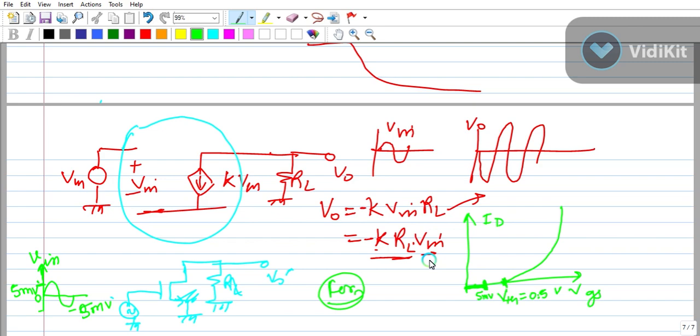For that we can add some DC voltage for biasing purpose of the MOSFET, so the MOSFET can remain on even when the signal is not present, and this signal can overlap on that DC voltage. So let's go and see how.